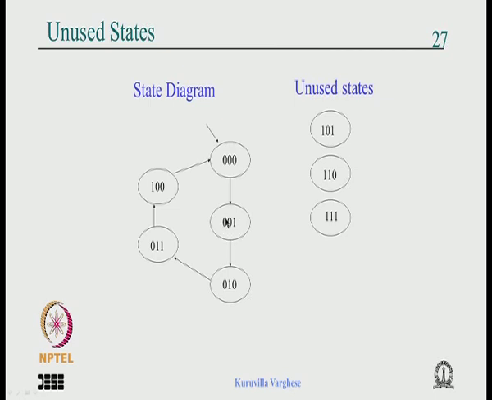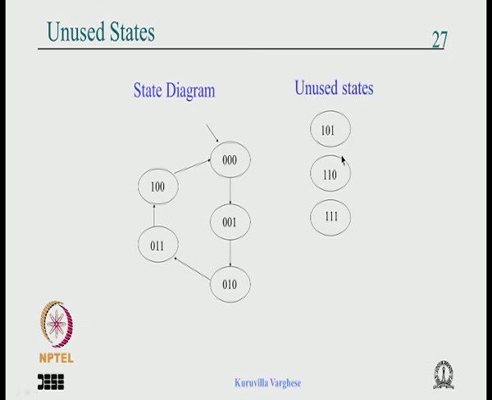Suppose Q2 has flipped from 0 to 1, then the state machine gets into this state 101.